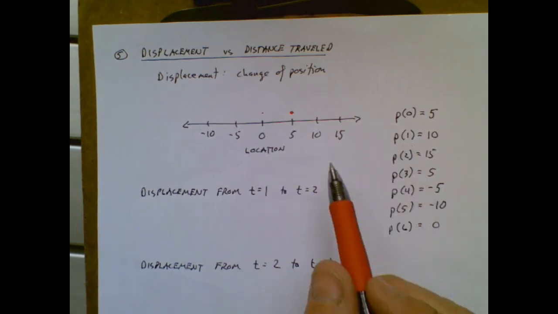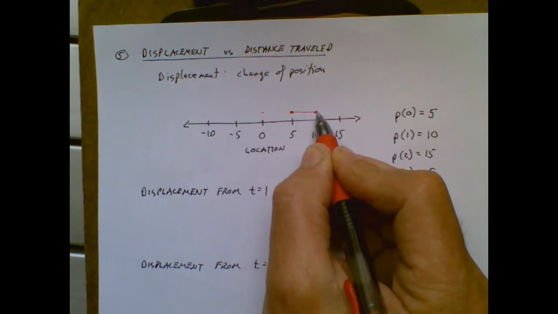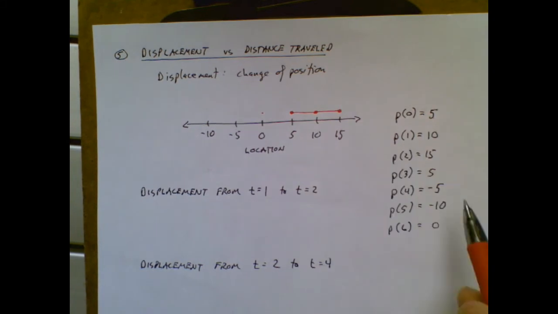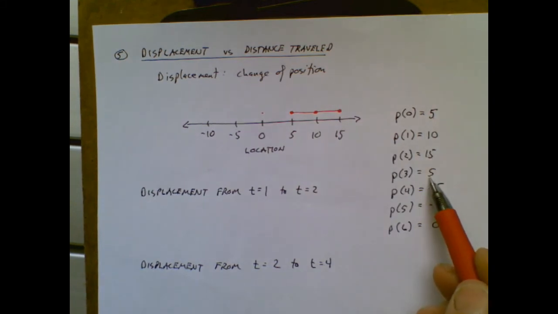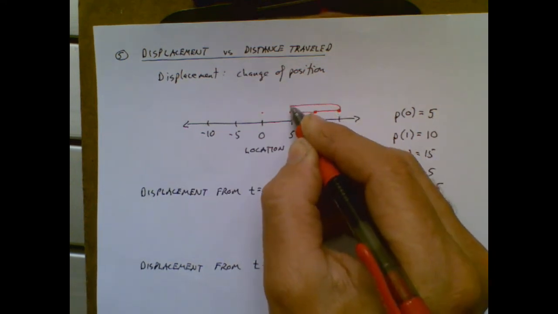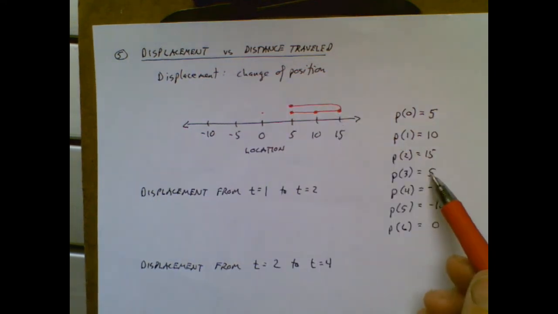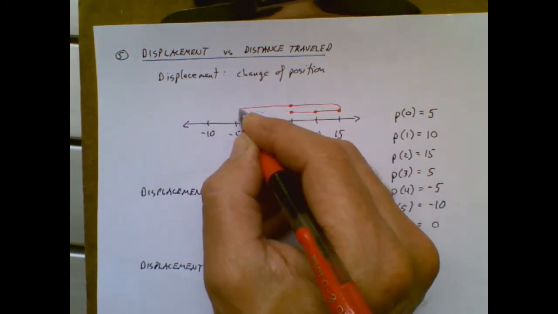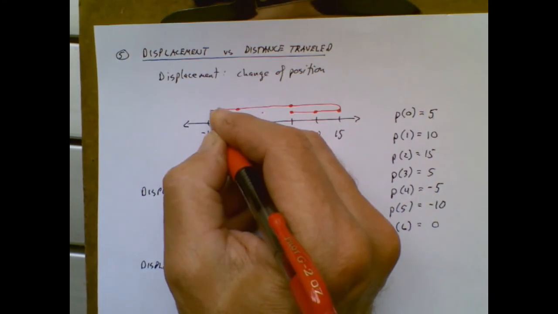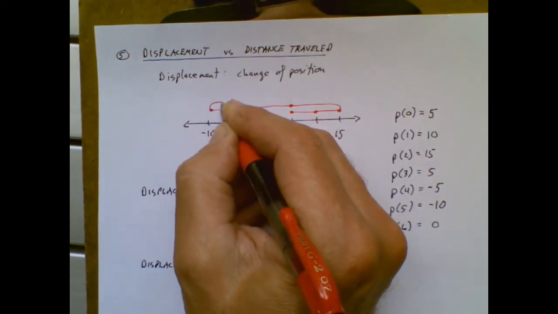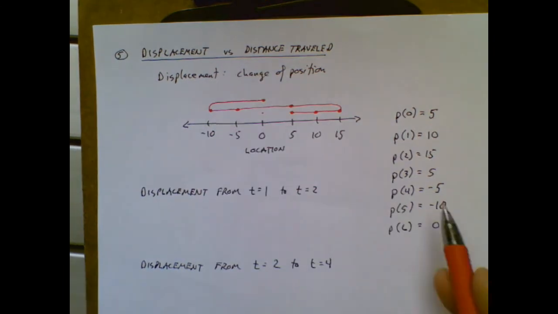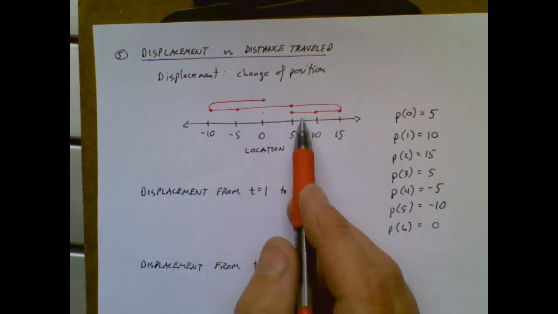And then it moves to location 10, then location 15, and then it zips around backwards back to location 5, then all the way to -5, -10, and then it zips back to location 0. So that's where my particle is traveling.